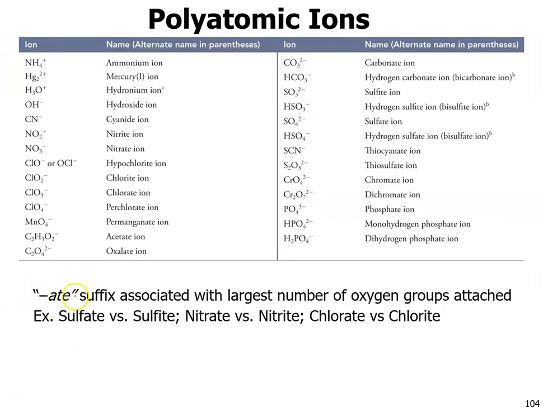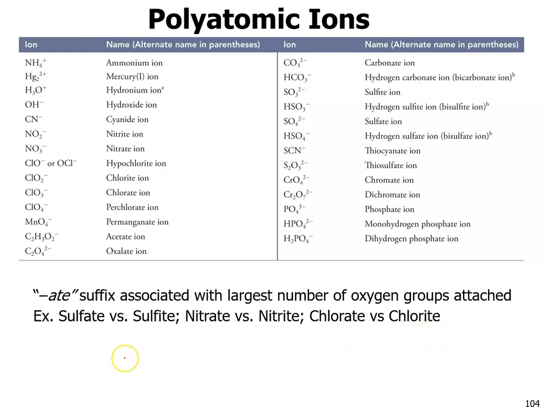Just a little side note, something that might help you think of whether something's a nitrite versus nitrate: the -ate suffix means it's the larger number. You can kind of think of eating something. You'd rather eat the larger number than the smaller number. I don't know. Just the sulfate versus sulfite, nitrate versus nitrite, chlorate versus chlorite.